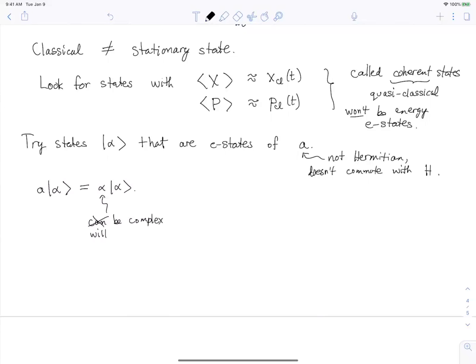Okay, and because this is not a Hermitian operator, the set of states alpha won't be an orthonormal basis. There's no reason to expect it would be, and so it will turn out it won't be. Nevertheless, these will be the coherent states that we're looking for.